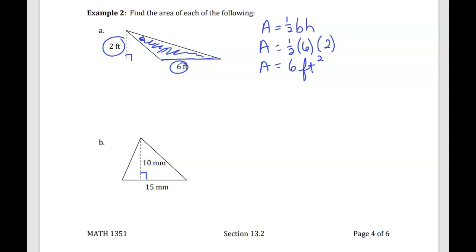So that's why I have to drop it from here to make it a right angle. So here I go, area is equal to 1/2 the base of 15 times the height of 10. And if I take 1/2 times 15 times 10, I will get 75 millimeters squared.